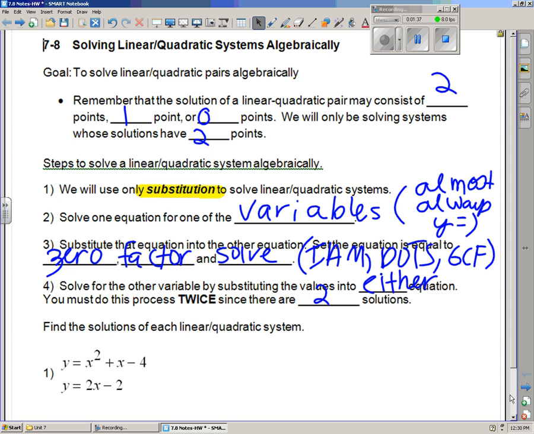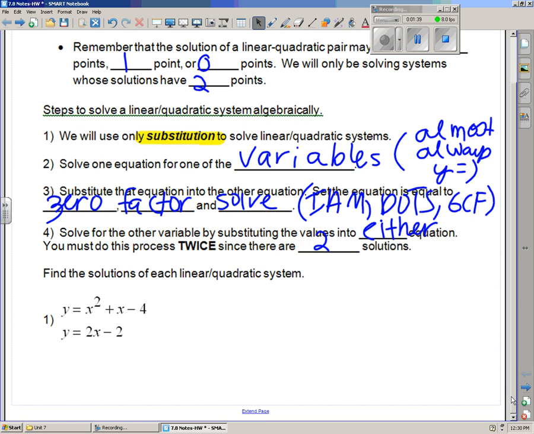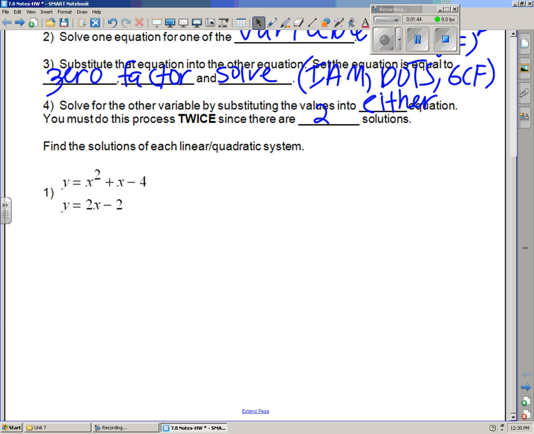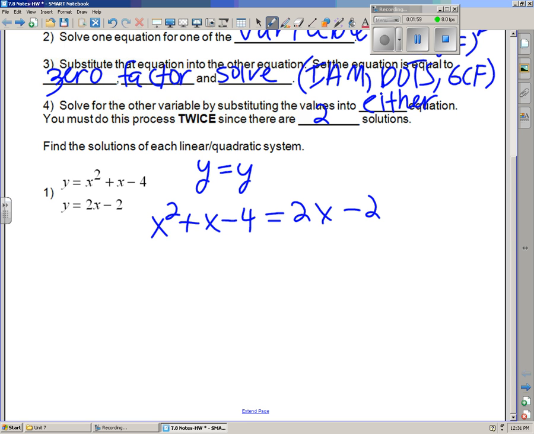Okay, so here's what's happening first. Find the solutions of each linear quadratic system. You've got both things solved for y already. So you know for sure that y has to be equal to itself. So one of the y's, I'll put the quadratic in first on the left. The other y, I'll put the linear one in on the right.